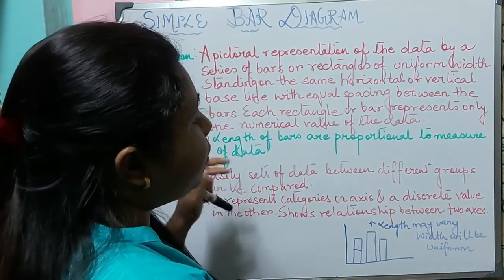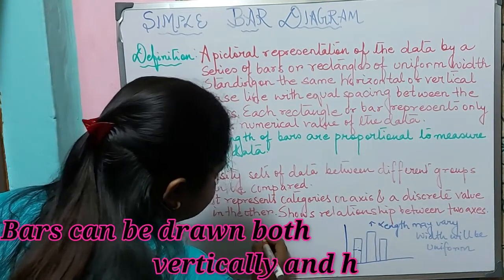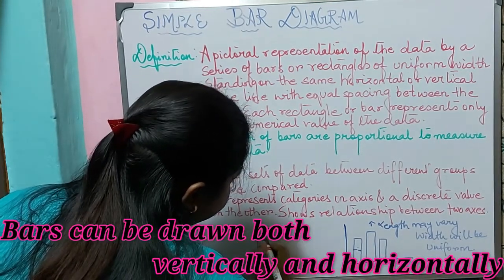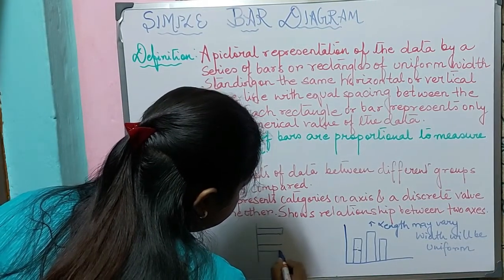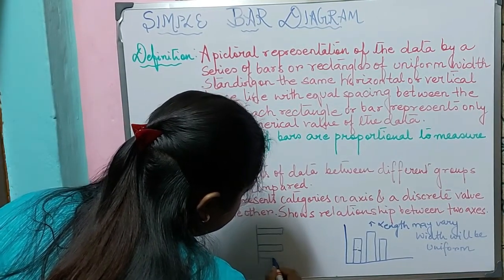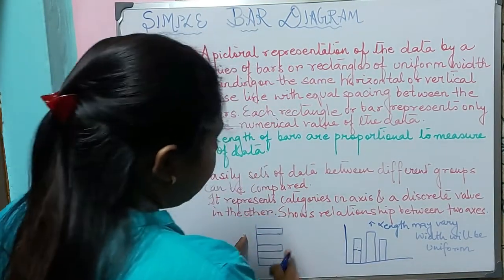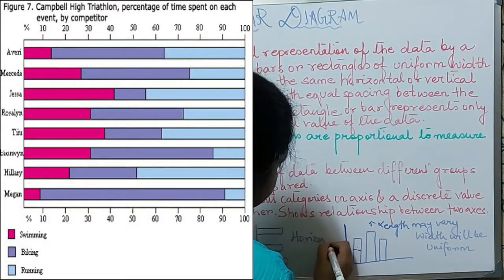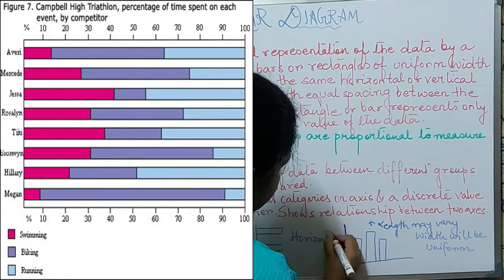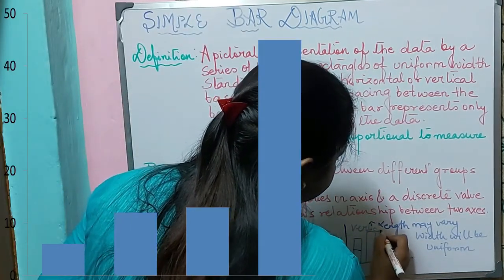Now the bar can be drawn both vertically and horizontally. These are the bars which are drawn horizontally, and these are the bars which are drawn vertically.